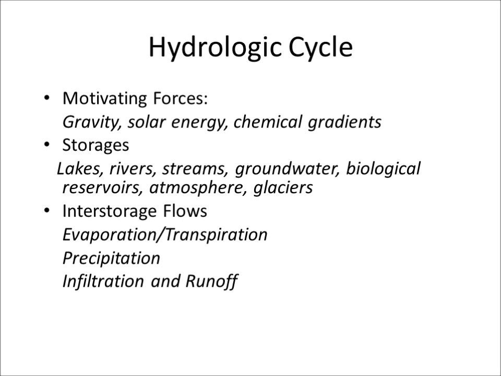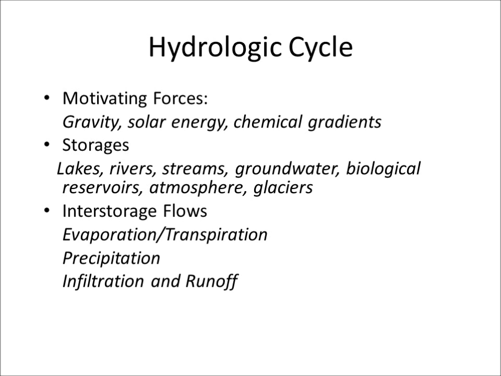So the hydrologic cycle is motivated primarily by gravity, solar energy, and sometimes chemical gradients. And the general principle is that water flows from areas of high energy to lower energy, whether it be by gravity, meaning that the force of gravity has the potential to pull water down toward a lower surface or a lower elevation, or solar energy, in which solar energy is stored in water and used to evaporate water to help it move from place to place in the atmosphere.